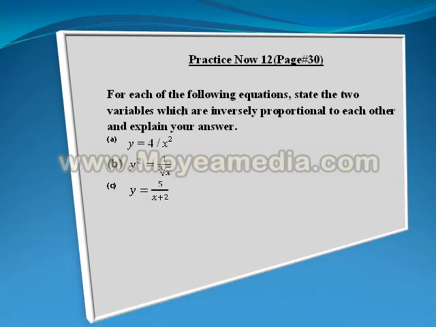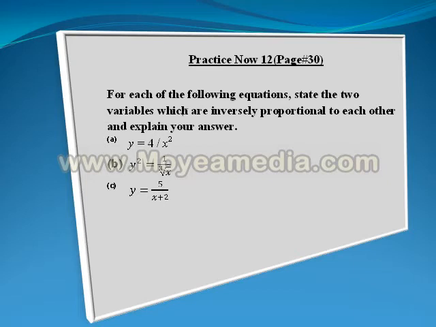Let's solve practice note 12, which you can find in your book 2 on page 30. So carefully understand and look on the screen now. This practice asks us to state which two variables are inversely proportional.